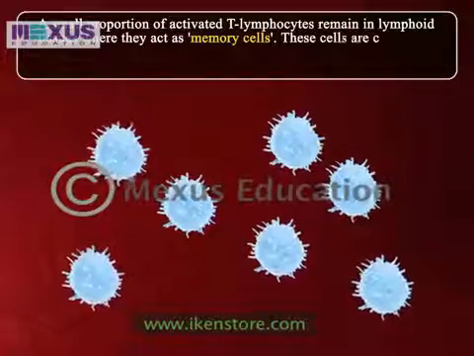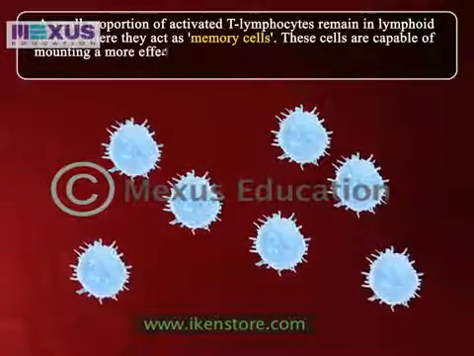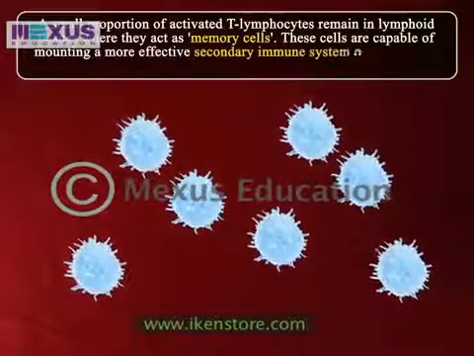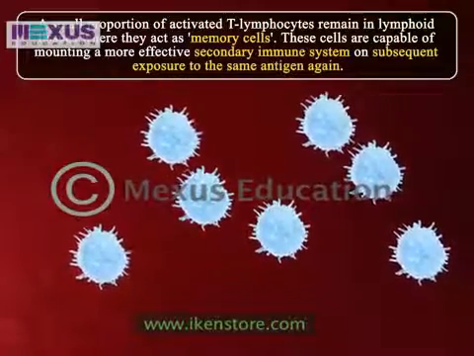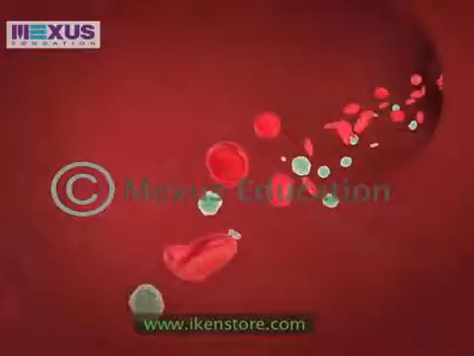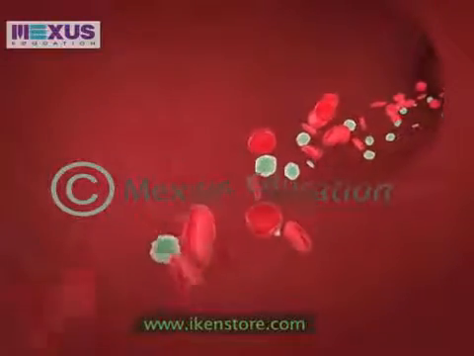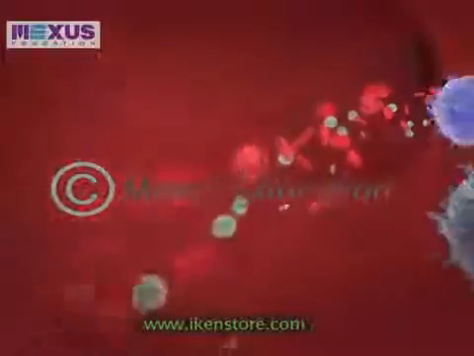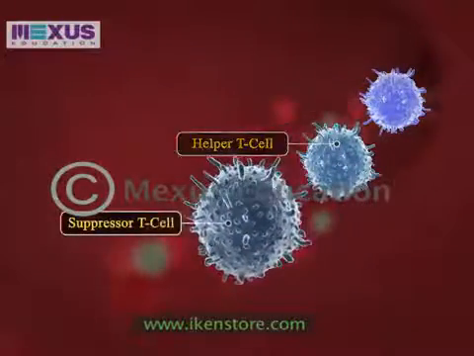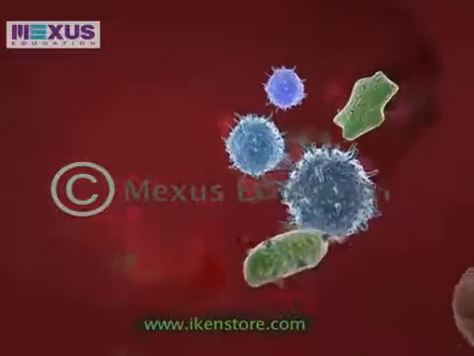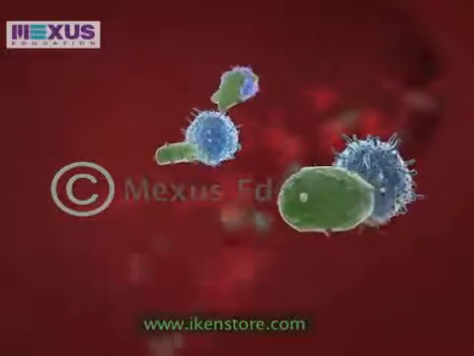These cells are capable of mounting a more effective secondary immune response on subsequent exposure to the same antigen. Thus, the three types of activated T lymphocytes, namely cytotoxic cells, helper cells, and suppressor cells, are responsible for the cellular immune system of the body.